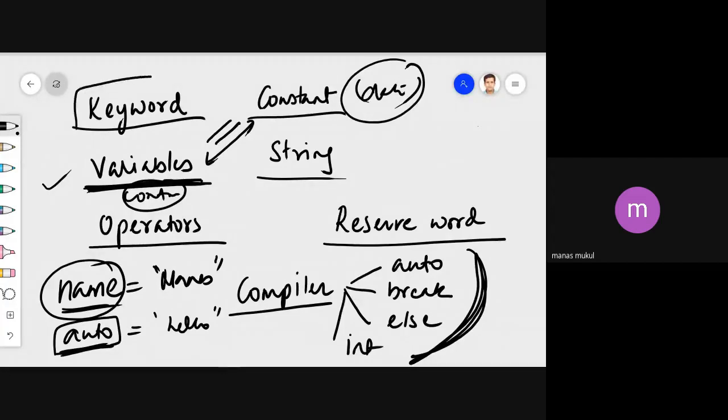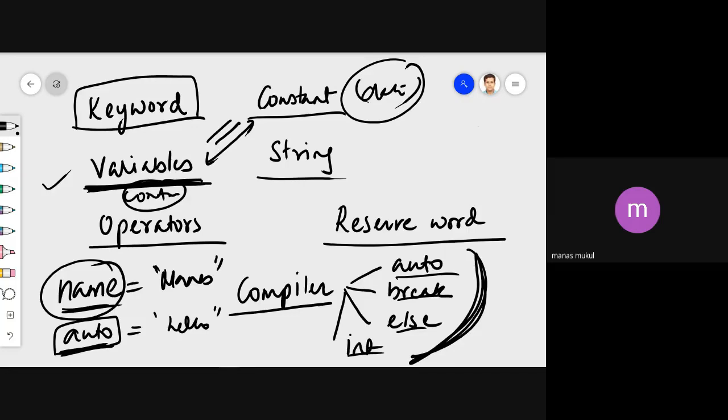Excuse me, sir. Can I ask something? Sir, yes, please. A keyword is also quite similar to operators. Every keyword performs some kind of operation, like if, else. Yes, obviously, a keyword has a specific functionality. It's got a specific purpose. That's why I said reserve words are, and the specific purpose has been defined by the compiler.